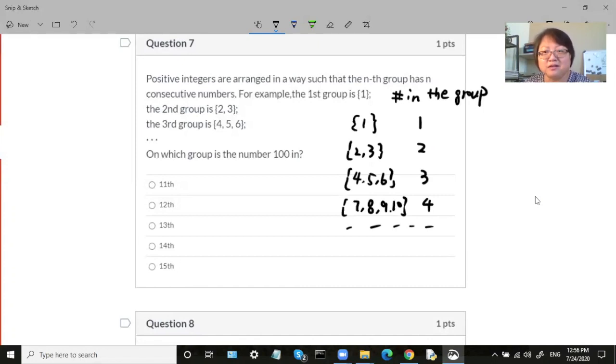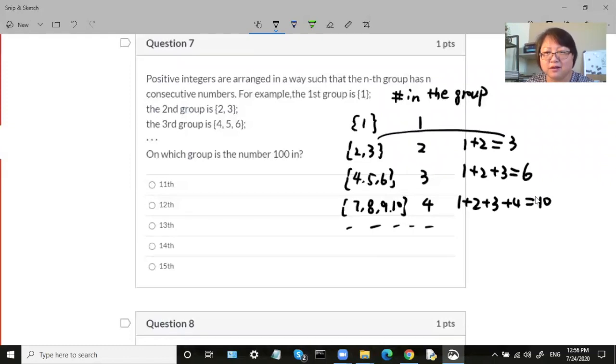Okay, so then let's add the numbers in each group. For the second group, we add how many numbers are in the first group and how many in the second group. So 1 plus 2 is 3. Then if we add from the first group to the third group, it equals 6, and for the fourth, 10. So you can see the last number is the same as the running total of the group sizes.